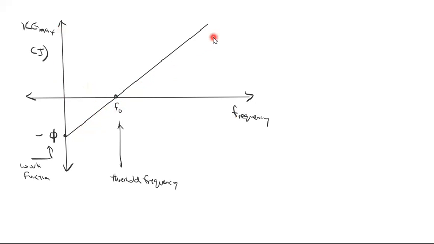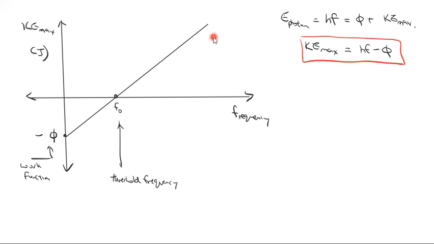Using Einstein's theory, the energy of the photon, which is equal to hf, must equal the work function plus your Ke max. Rearrange to get Ke max equals hf minus phi. You can think of this as y equals mx plus b.